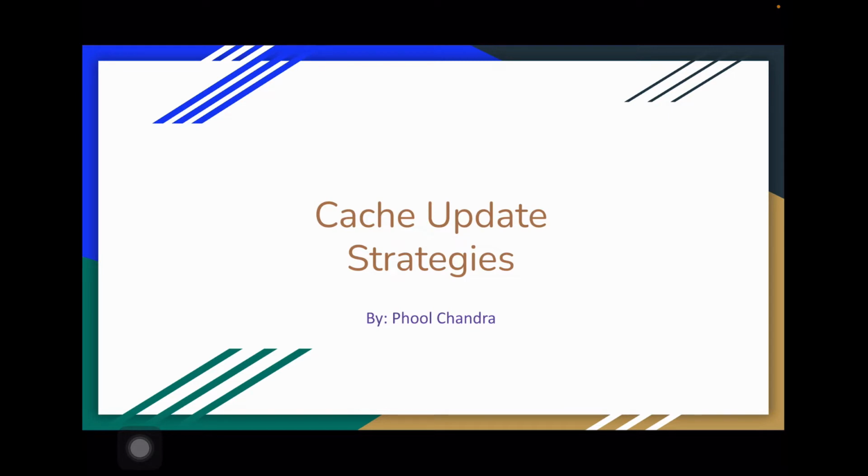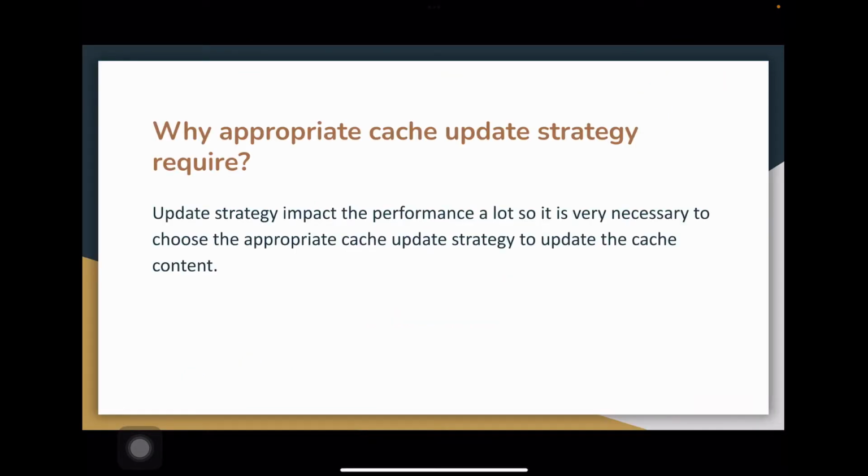So you need to implement the appropriate update strategy in the cache according to your use cases. So why is an appropriate cache update strategy required? The update strategy impacts performance a lot. So it is very necessary to choose the appropriate cache update strategy to update the cache content according to your use cases.